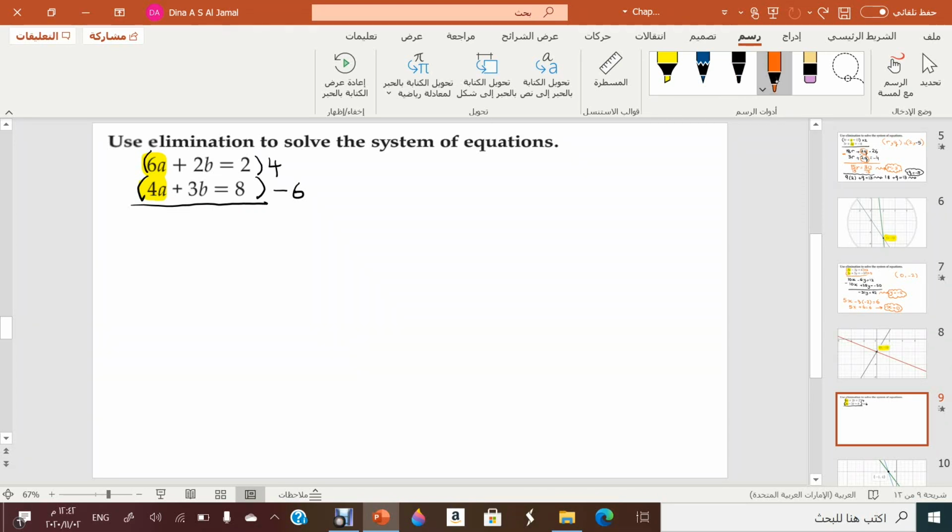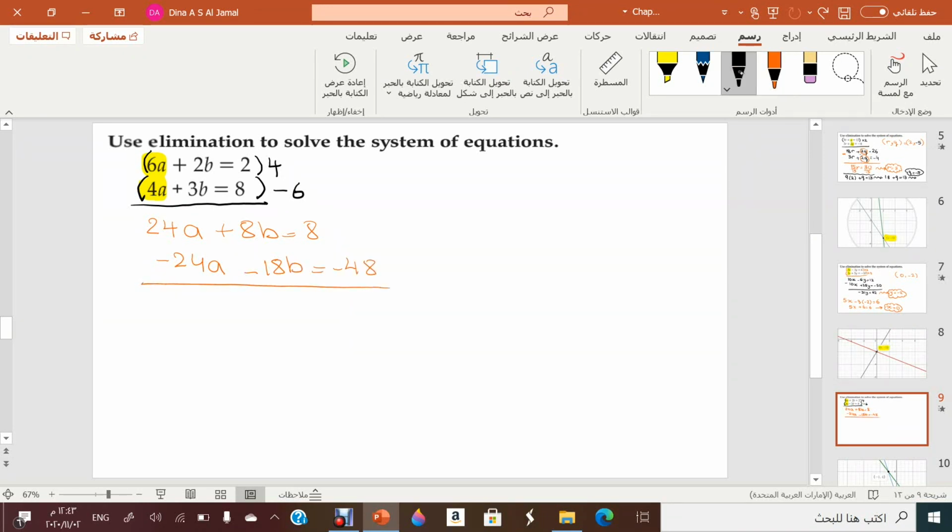And let's see what we will be getting. So first of all, we are having 24a plus 8b equal to 8. And you are having here minus 24a minus 18b equal minus 48.